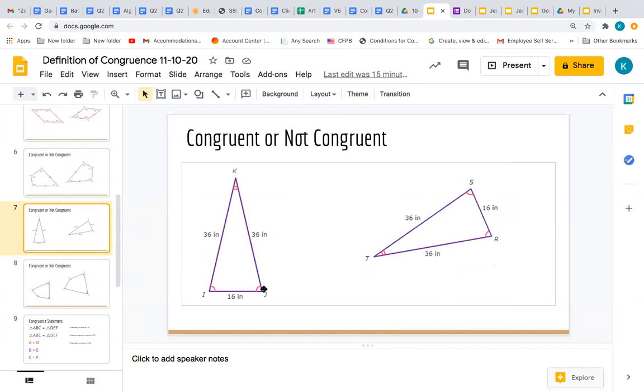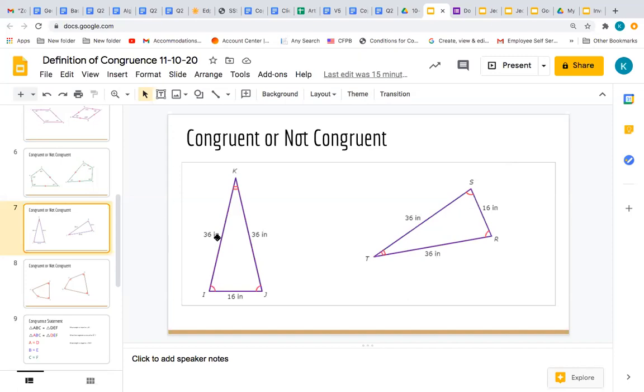If two angles are congruent in one triangle, which is called an isosceles triangle, okay? If two angles are congruent, then the opposite sides of those two angles are congruent too. See, this side is 36 inch and this side is 36 inch.